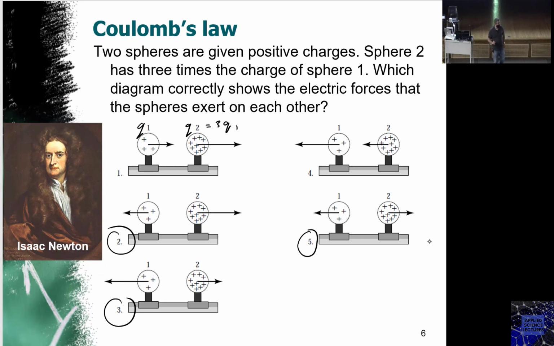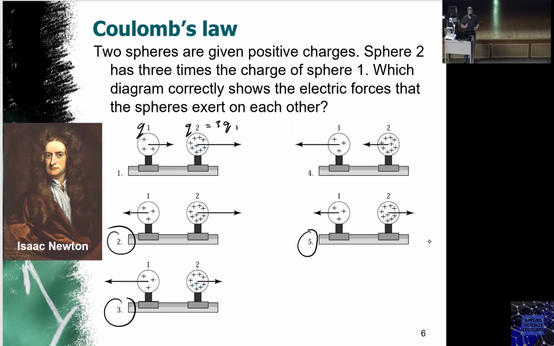That's correct. So this would be the point that I would start off thinking about those forces. The first thing that should come to your brain is that the magnitude of those two forces should be the same.